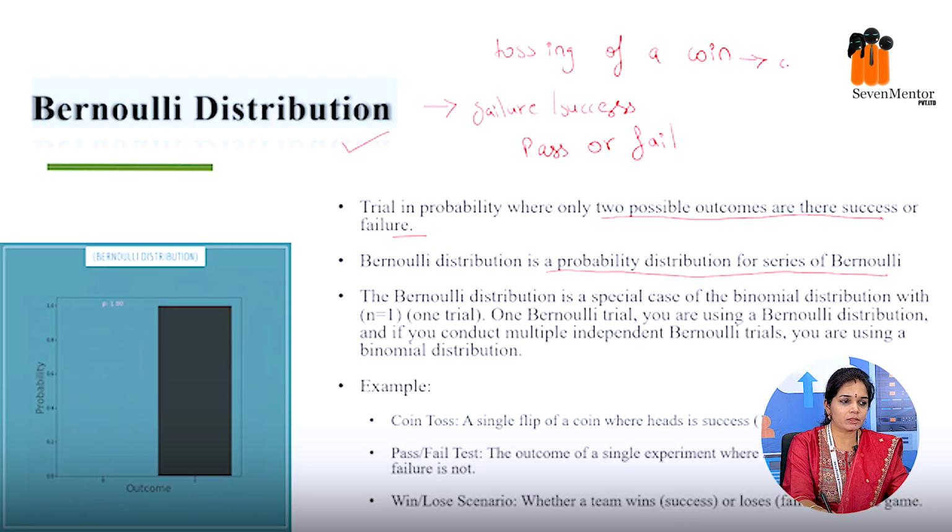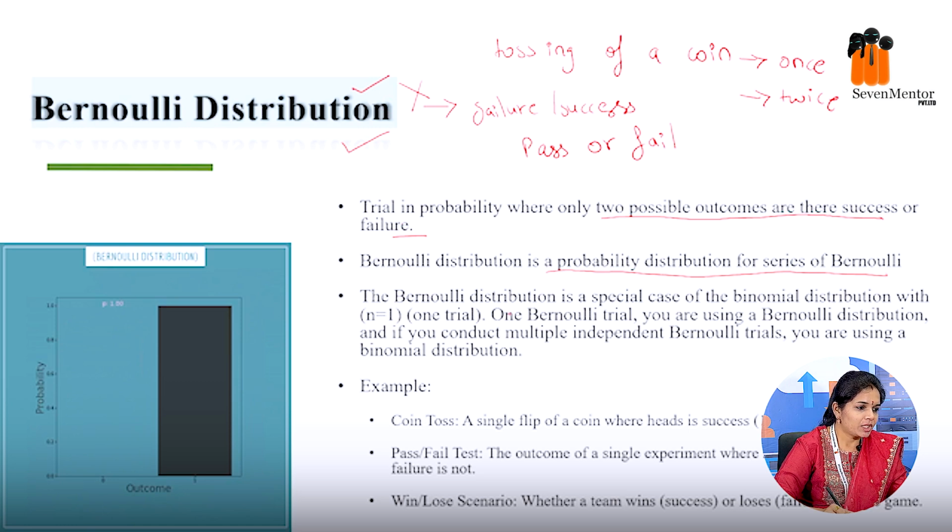If I toss it only once, yes, that would be considered under Bernoulli distribution. If I toss it twice, then it won't be under Bernoulli distribution. I'll tell you where it will fall. So only once the experiment is conducted, then it comes under Bernoulli distribution.